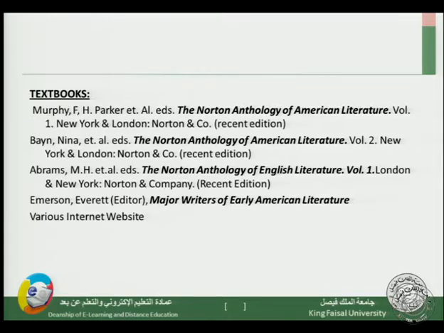I compiled it from different textbooks, which is this one, the Norton Anthology of American Literature, and this one, the Norton Anthology of English, the Norton Introduction to Literature in general, that includes American writers and some parts of American literature. And then we have this one as a third reference.